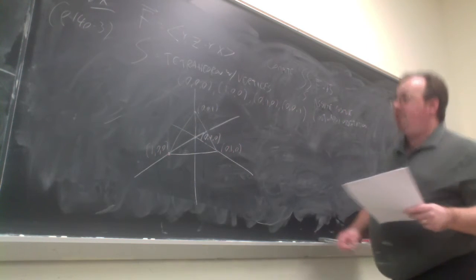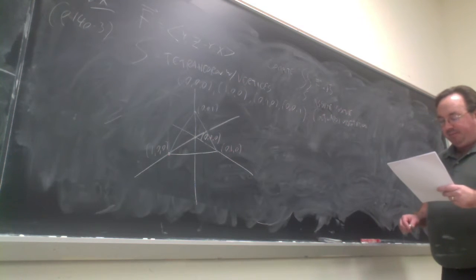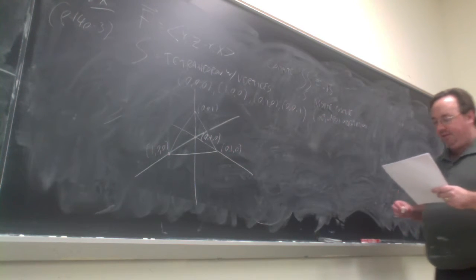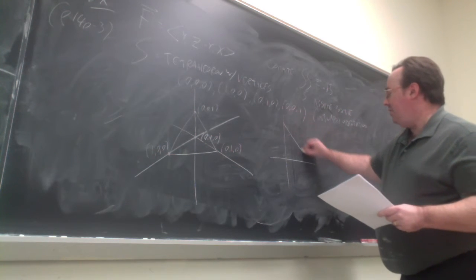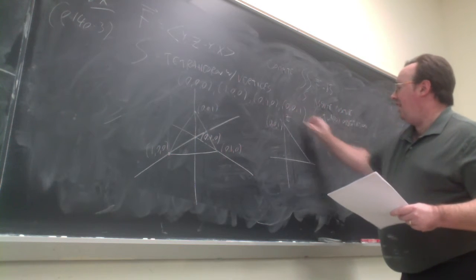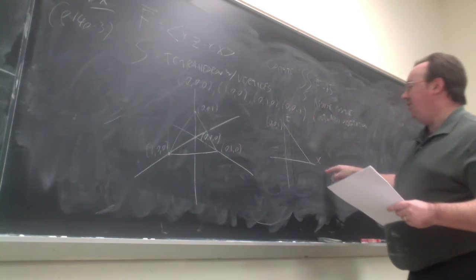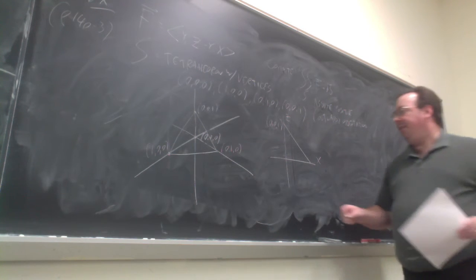Okay, so since we have 4 faces, I need to label those 4 faces. So for our first face, we'll take a side view. This is the z-axis, and here we're looking along the x-axis, so the y-axis is going into and out of the board.